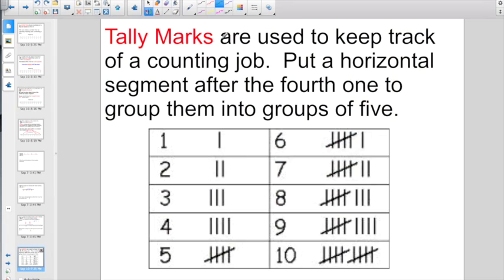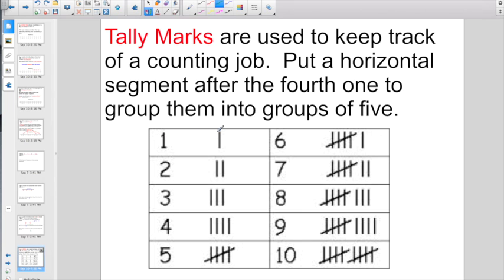Tally marks. And we use tally marks. They're basically just little lines to keep track of basic counting jobs. The rule is you put a horizontal segment after the fourth one to group them into groups of 5. I've never really seen too many 5th graders struggle with tally marks.